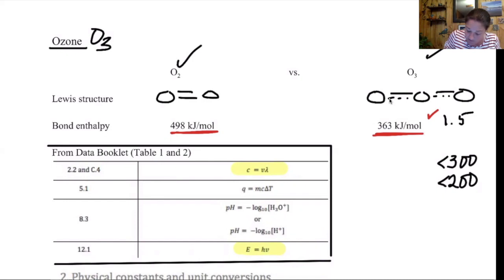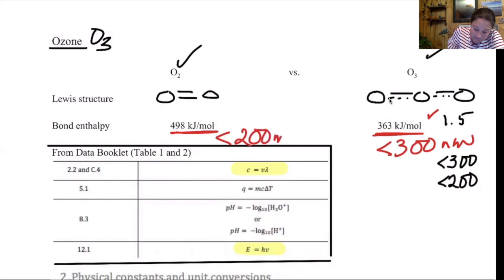This can break anything that's less than 300 nanometers in wavelength, whereas O2 can break light that's less than about 200 nanometers in wavelength. What that means is this can absorb a wider range of light than O2 can.